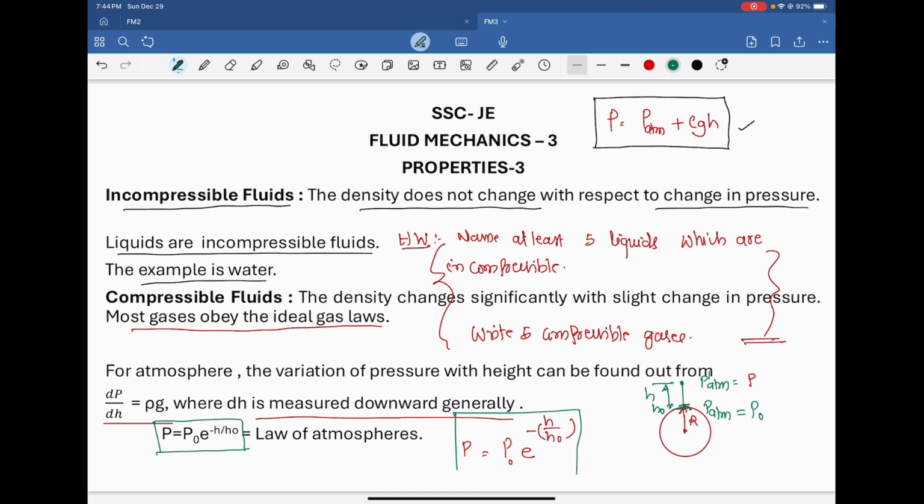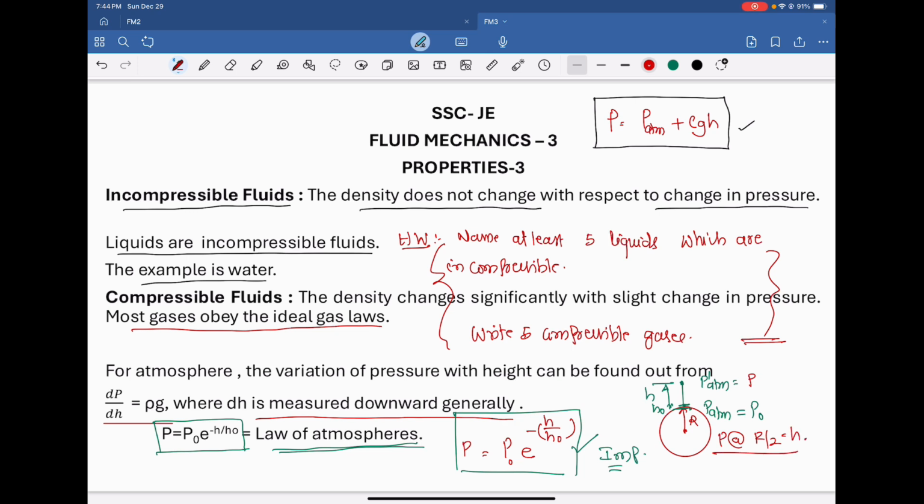And at a height H, it is P. Then P at a height H from the Earth's surface is given by P atmosphere at H naught into e to the power of minus H by H naught.